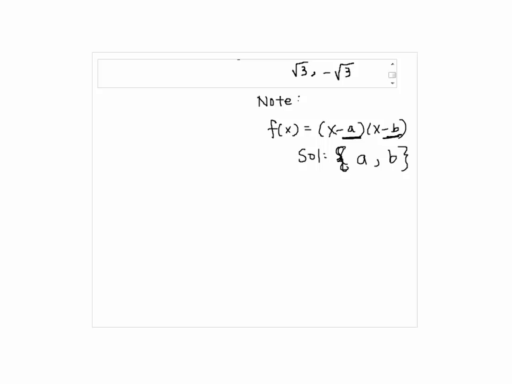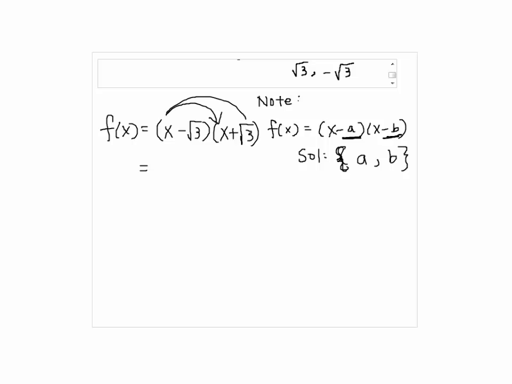So since you are given solutions which are negative radical 3 and radical 3, our function must be (x minus radical 3) times (x plus radical 3).